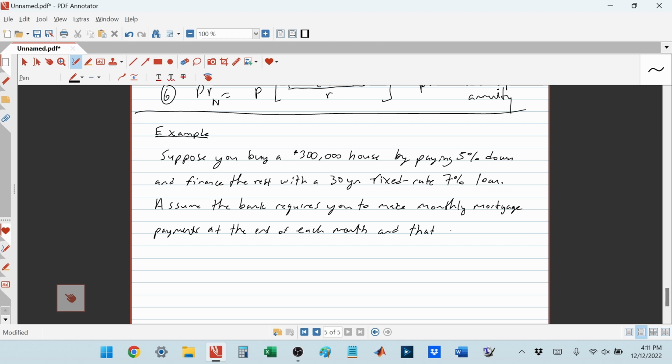And we'll also assume that interest compounds at the end of each month. And then the question is, what is your monthly payment?